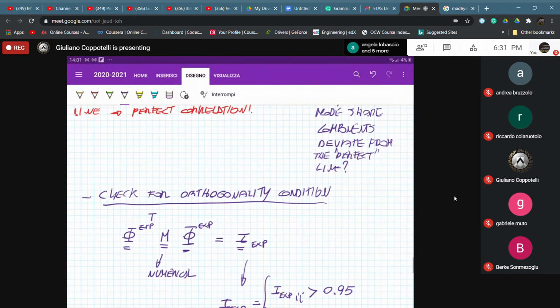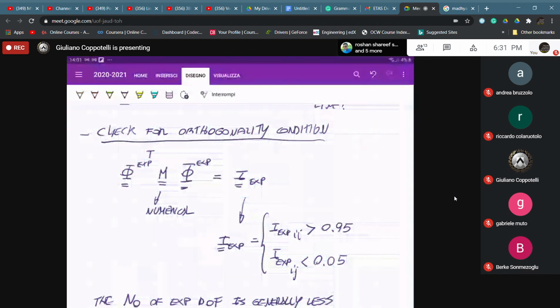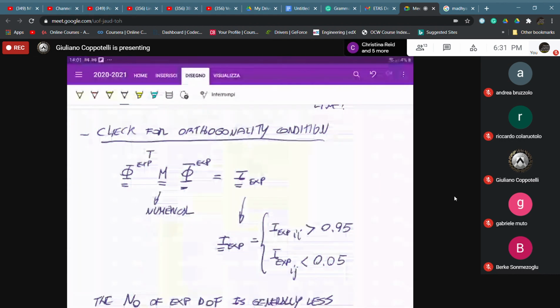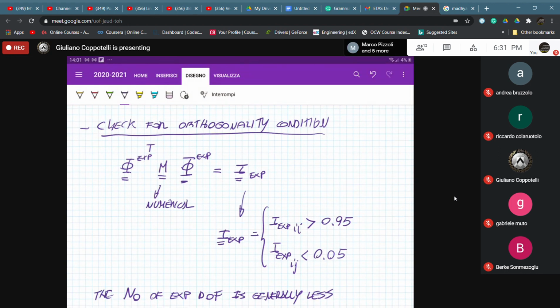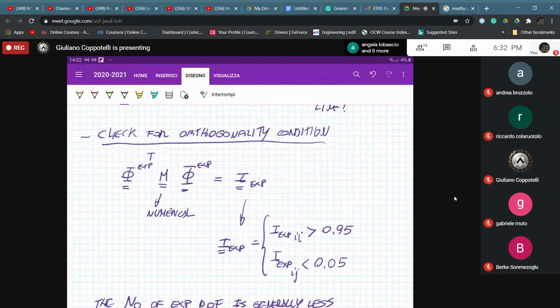Finally, because you know the numerical mass, you can check for the orthogonality conditions. I made a mistake. You can use the experimental mode shape matrix with the numerical mass matrix in order to see if the conditions for an experimental unitary matrix are met.